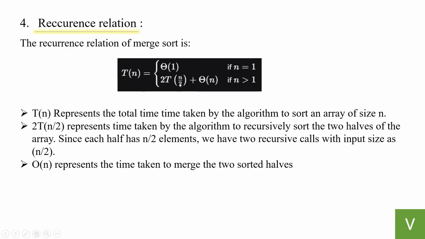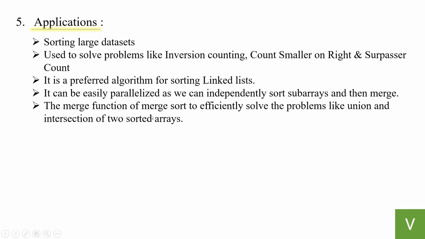Here 2T of n by 2 stands for recursively sorting the two subarrays. N by 2 stands for half of the input array, and 2 stands for two times the half subarray. Theta n is used for merging the sorted arrays. So this is about the recurrence relation.